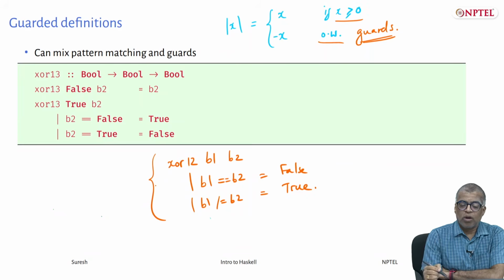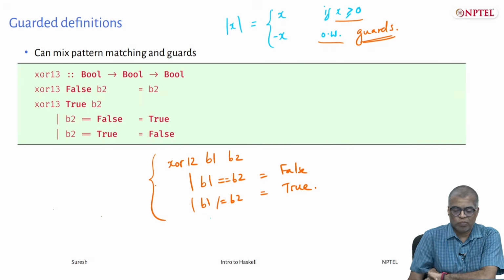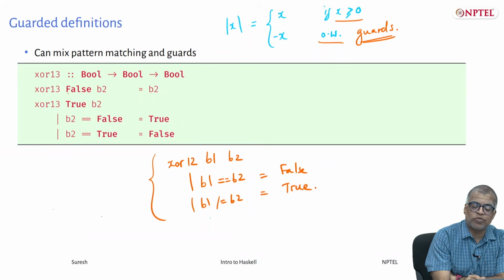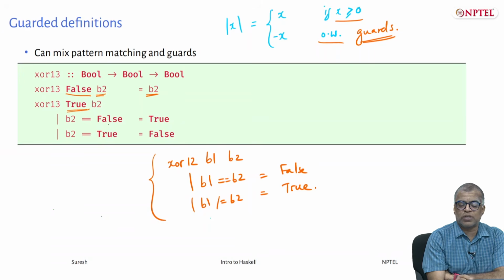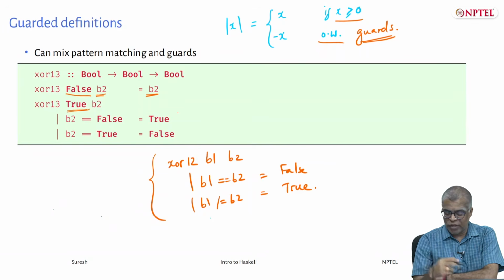But you can also mix pattern matching and guards. Like here, I am saying that if the first argument is false, then whatever is the second argument, you return that. Whereas if the first argument is true, then check if B2 is false. If so, return true. If B2 is true, return false. Okay. So that's another way of writing definitions.